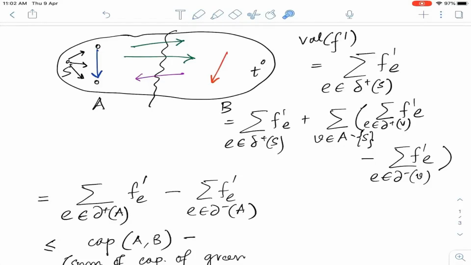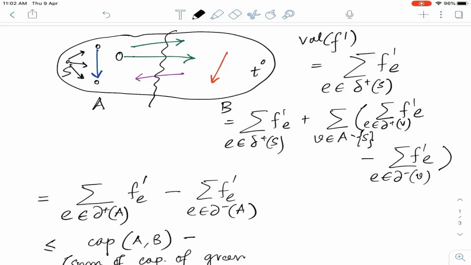Yeah. So let's think about a green edge. Yes. So when does the flow on the green edge appear in this summation? Well, suppose I take this green edge, then its flow will only appear when I write this summation for this vertex. Okay. But remember, the flow of this green edge will never appear with a negative sign in this summation. Why?